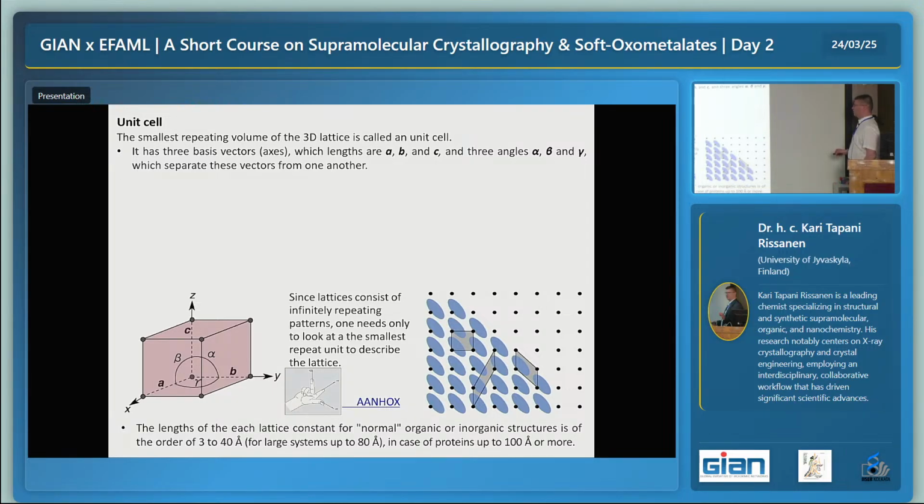Alpha is between B and C, beta is between A and C, and gamma is between A and B. And this is important. All these numbers, especially these ones, are very important, because with these we define the possibilities of the shape of this unit cell.